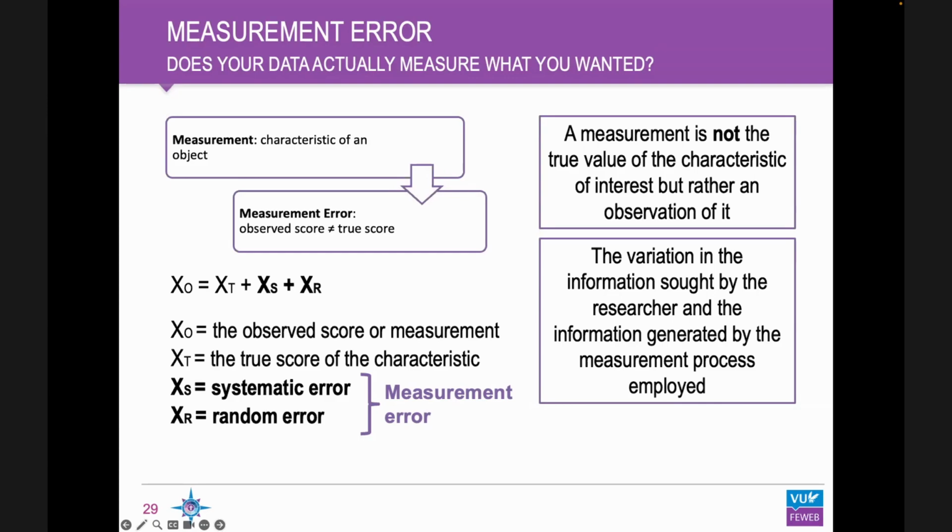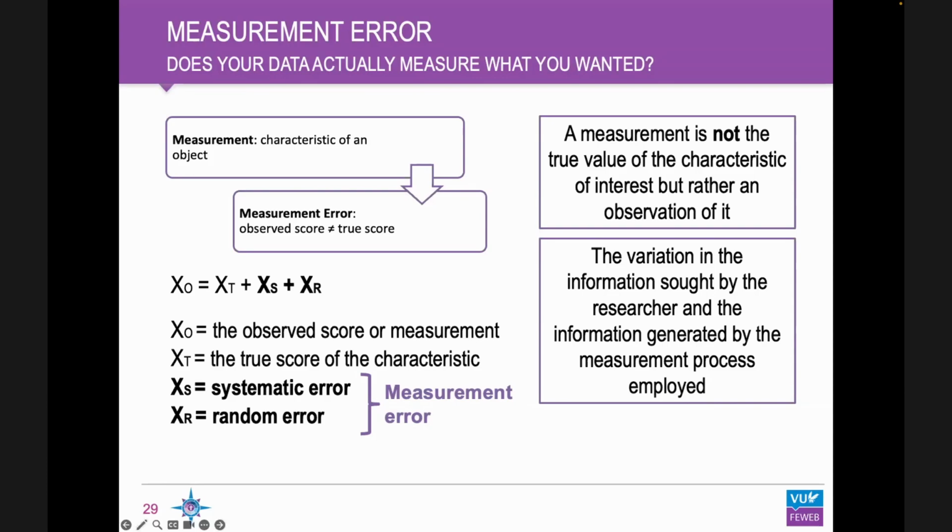Measurement error. So you prepared your survey, you collected data, and you now really want to understand if your measurement was accurate, right? We can always ask questions to people and they will just give some answers, which also represent some numbers. But we really want to understand if we measure what we wanted to measure.